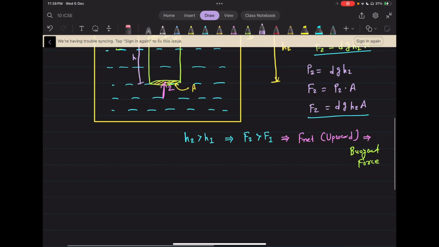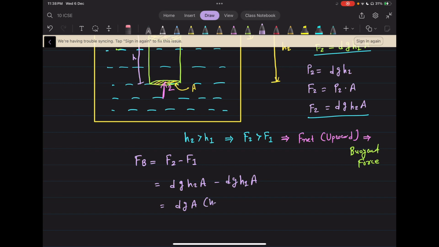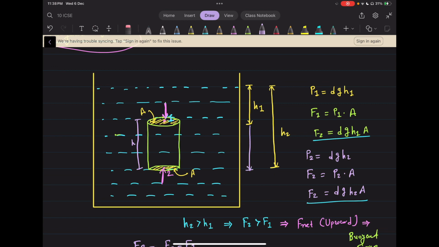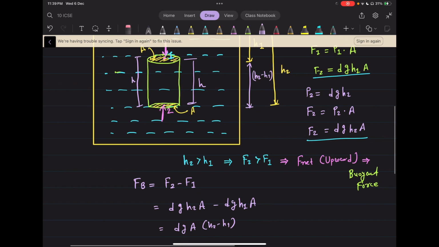Let's calculate. The buoyant force is equal to F2 minus F1. What is F2? dgh2A. What is F1? dgh1A. We will take d, g and A common, leaving h2 minus h1. What is h2 minus h1? You can see that this h2 minus h1 is equal to the height of the object.